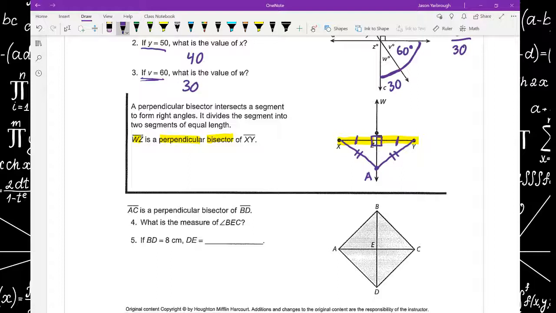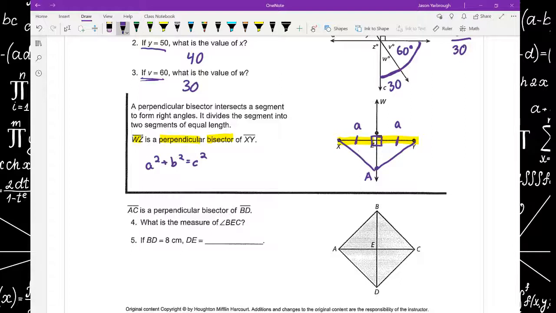A squared plus b squared equals c squared. So say we ignore that we have these two parts being exactly the same already. We just know this line here. So if I want to figure out this, I'm going to call the length XZ a. So if XZ is a, since YZ is the same, that is also a.